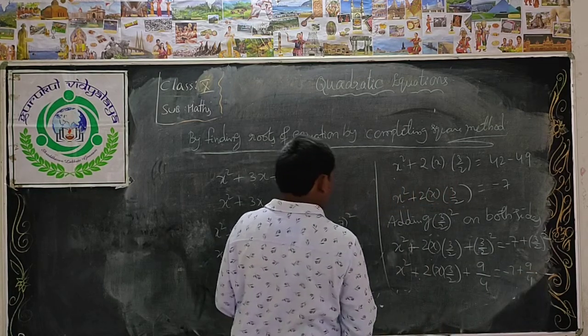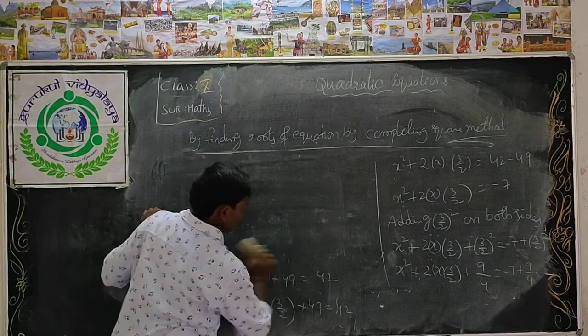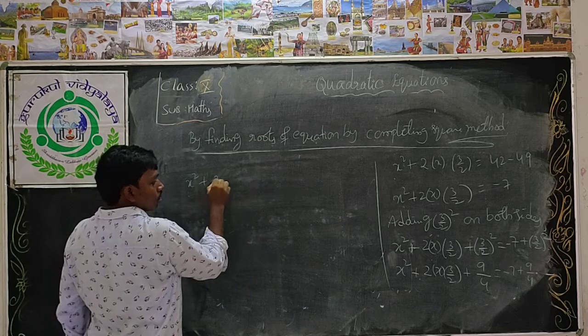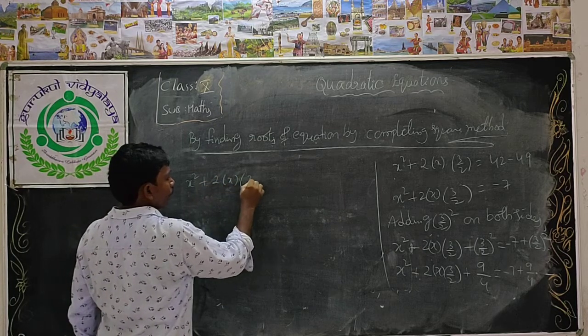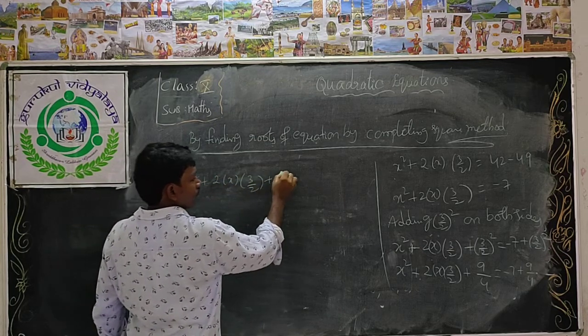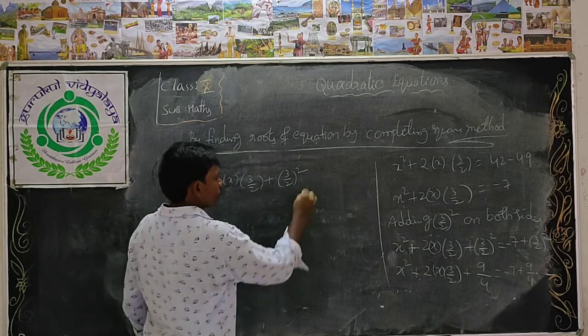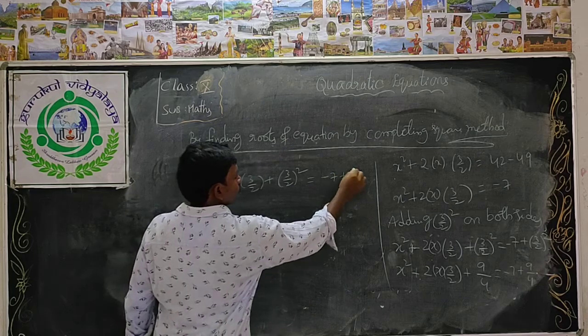Next, take that x square plus 2x into 3 by 2 plus 3 by 2 whole square, 9 by 4, is equal to minus 7 plus 9 by 4.